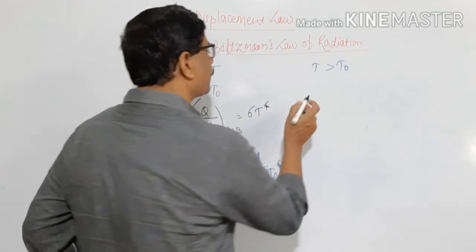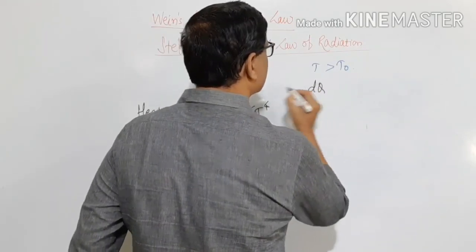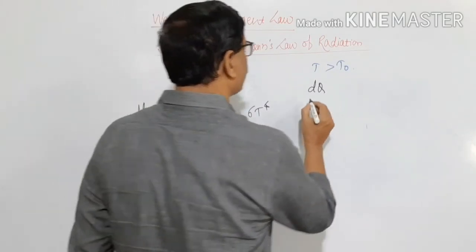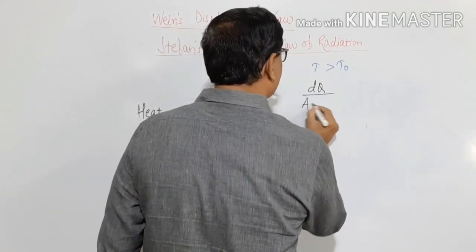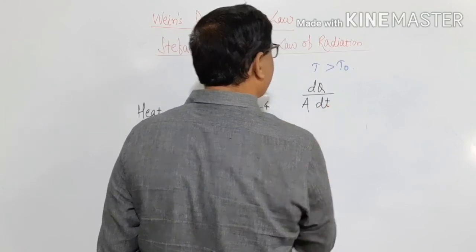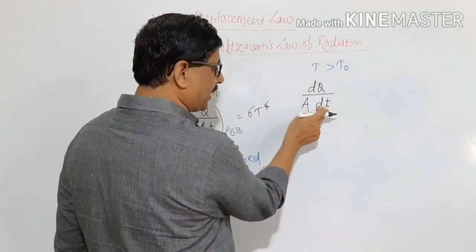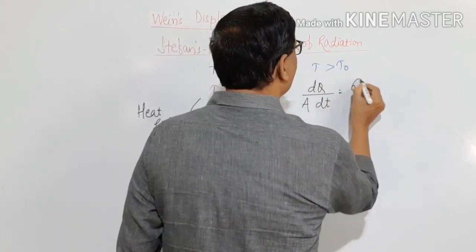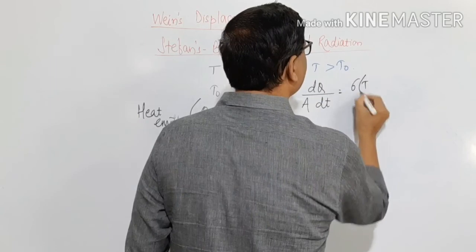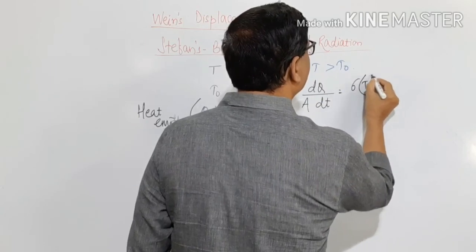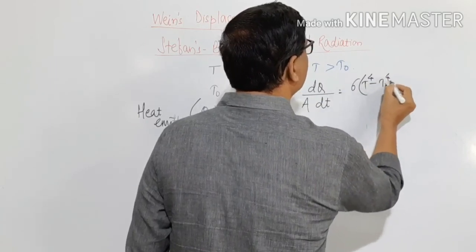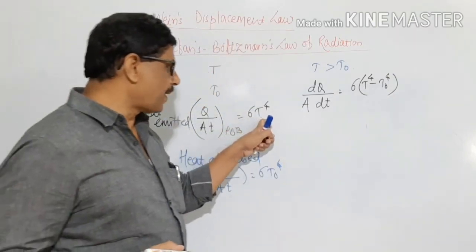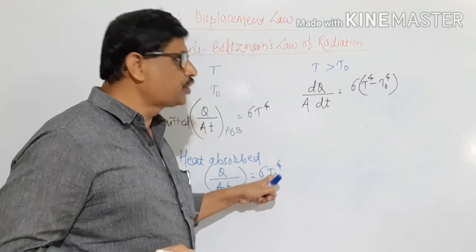Therefore, the loss of heat dQ, this is the loss of heat. This loss of heat per unit time per unit area, dQ by dt per unit area A, is equal to sigma in the bracket T to the power 4 minus T0 to the power 4. This is sigma T to the power 4 minus sigma T0 to the power 4.